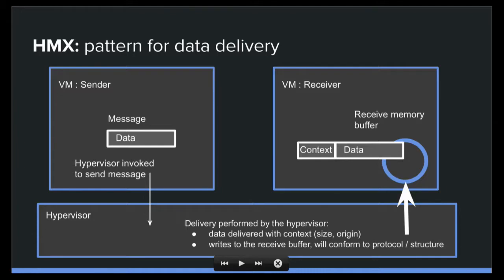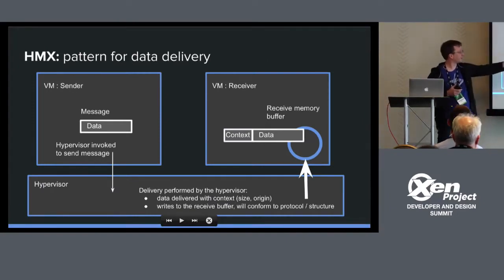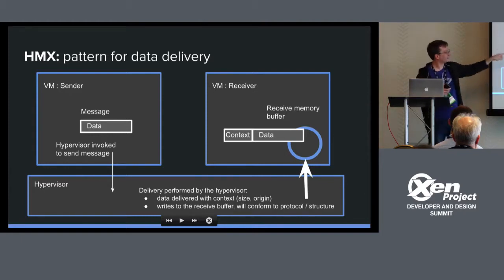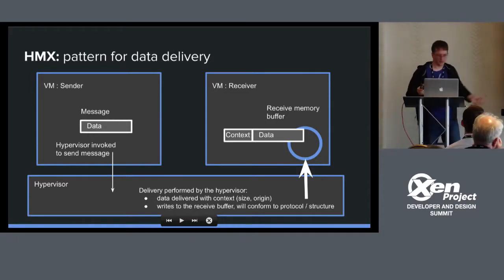And in addition to the data being received at the receiver, there's metadata with it indicating context about it, so that the hypervisor provides assurance that that data originated from this VM. So there's an identifier, and there's also a size indicator that you can trust, because the hypervisor will tell you how much data it moved.